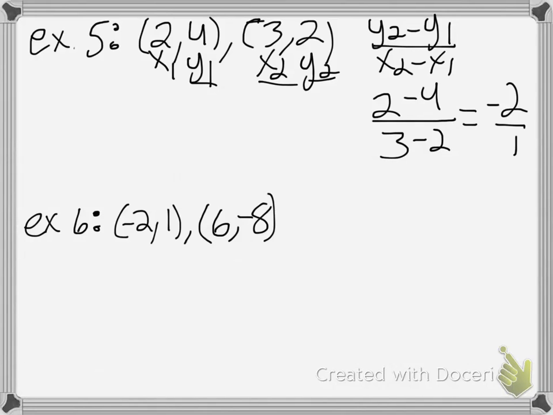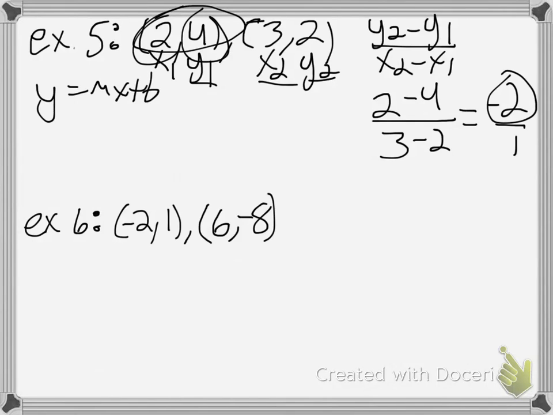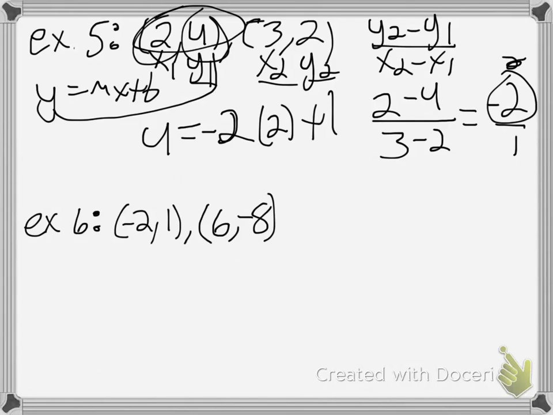So now we can just plug a point in. I'm going to choose this point right here and use my y equals mx plus b. I'm going to plug this point in for x and this one for y, and my slope is negative 2. So my y value, 4, goes there. Equals negative 2, which is my m, my slope, times 2 plus b. 2 times negative 2 is negative 4.